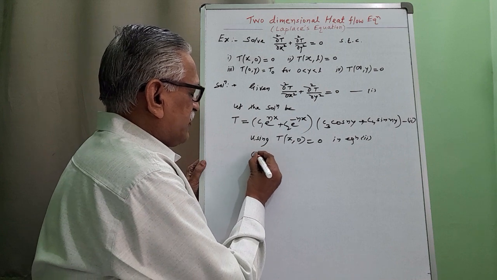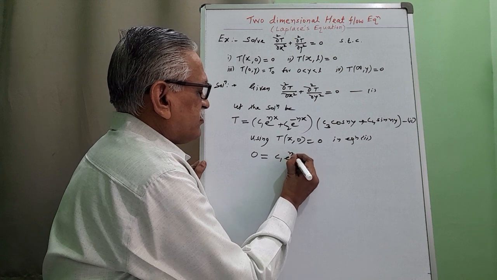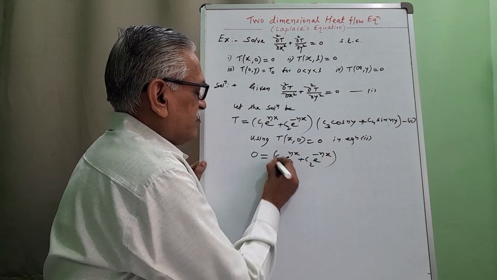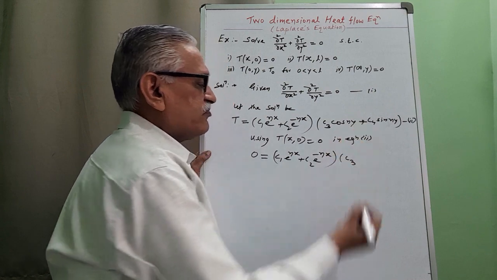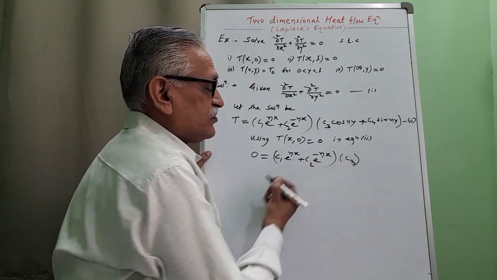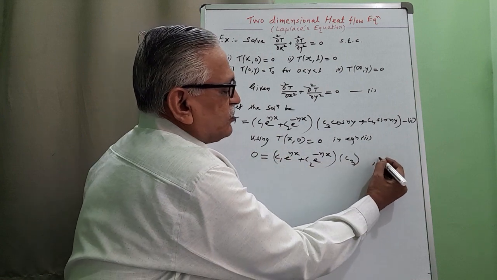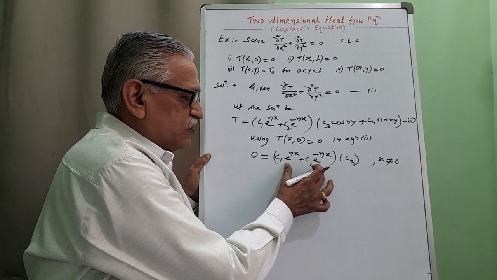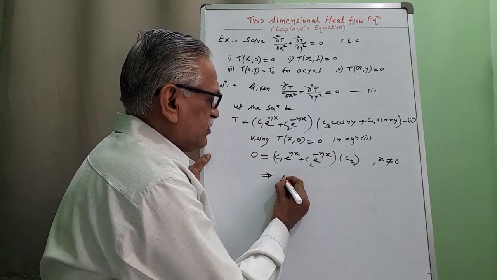Therefore the left hand side becomes 0, and the right hand side becomes (c1 e^(nx) + c2 e^(-nx)) times, when y is 0, cos 0 is 1, so we get c3, and sin 0 is 0, so the second term becomes 0. The product of the two terms is equal to 0. When y is 0, x is not equal to 0, meaning this term is not equal to 0, but the product is 0. It implies that c3 must be 0.